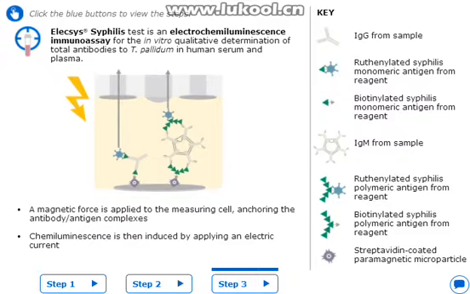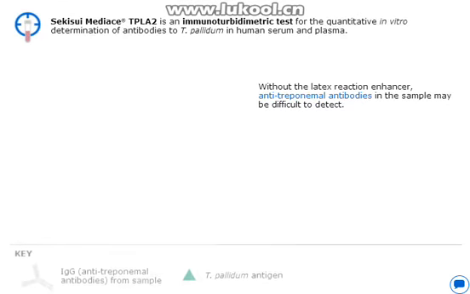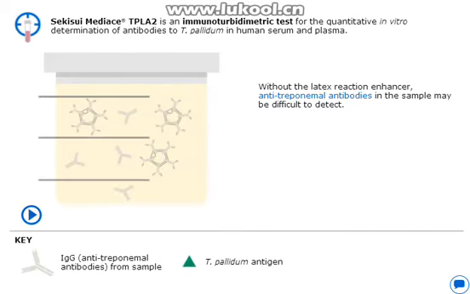Sekisui Medi-ACE TPLA2 is an immunoturbidimetric test based on the immunological agglutination test principle using latex as a reaction enhancer. Without this reaction enhancer, low quantities of antitreponemal antibodies in the sample would be difficult to detect.